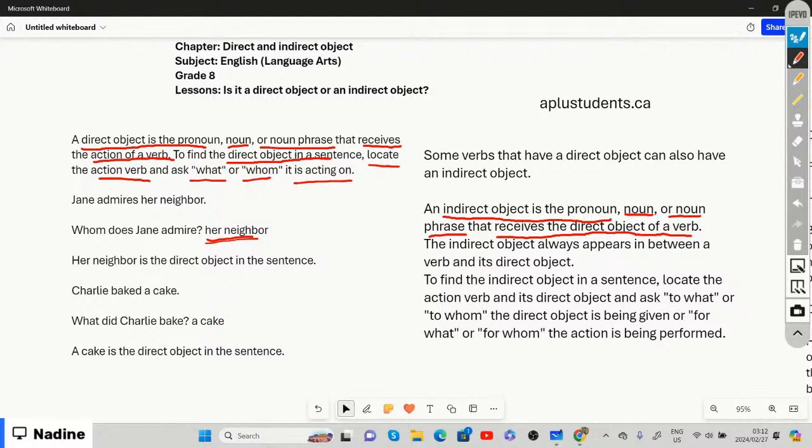If we go back to where Jane admires her neighbor, the direct object is her neighbor. It shows whom Jane admires. Now they're saying that the indirect object receives the direct object of the verb.